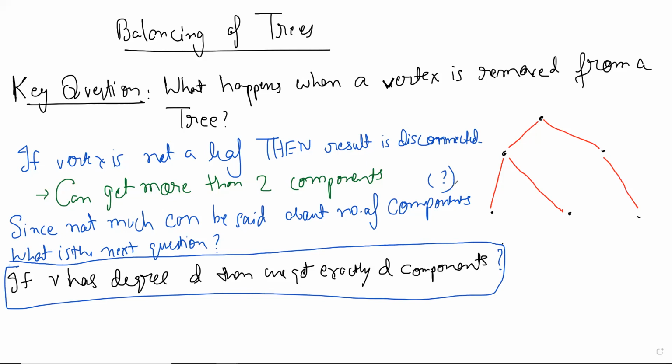But what else? What should be the next thing to ask? Maybe now I should say something more precise, because the topic is balancing of trees. So let me mention some sort of a goal here.